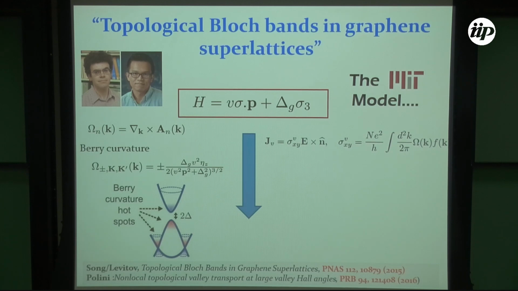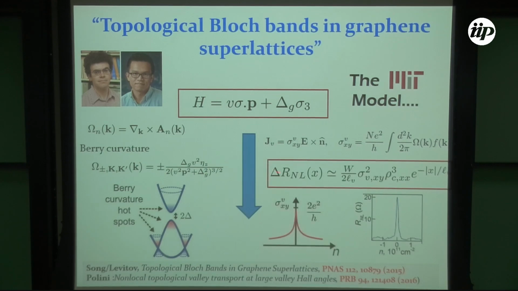They say that if there is a gap, if we are in this situation with full commensurability and AB stacking, we can describe the simplified low-energy Hamiltonian with this Dirac part and just the gap term. We can calculate the Berry curvature, and we will have the valley Hall current emerging when we have an electric field.